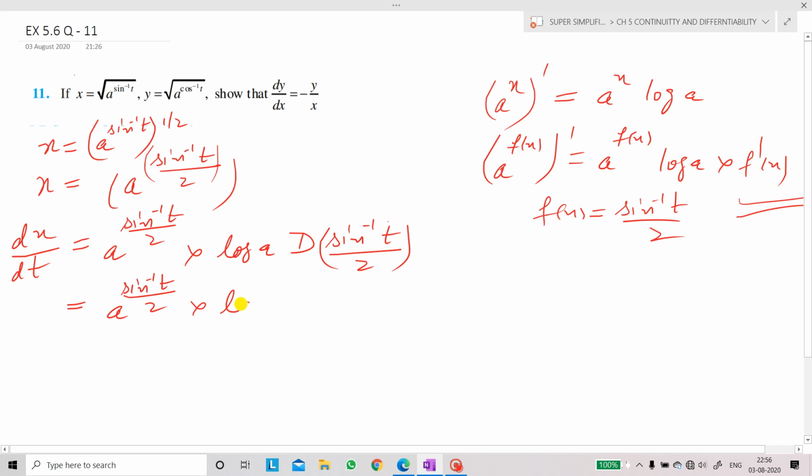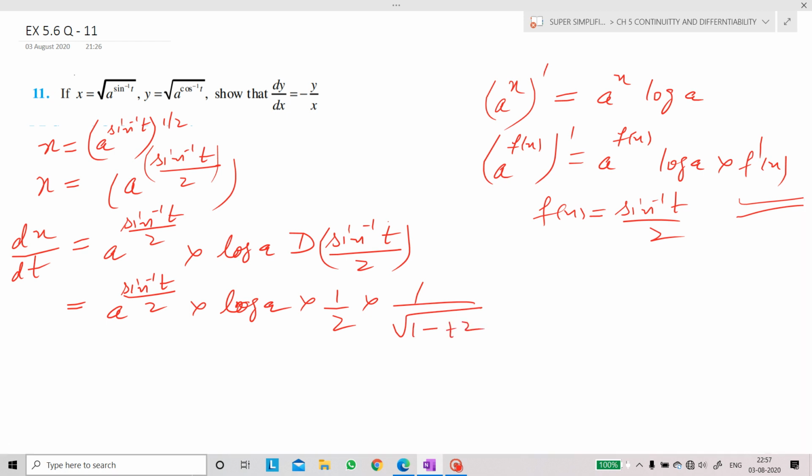Now derivative of sine inverse t by 2, we have to substitute. So 1 by 2 is a constant and derivative of sine inverse t is 1 upon square root of 1 minus t square. So this whole expression we have written is giving you the derivative dx by dt.